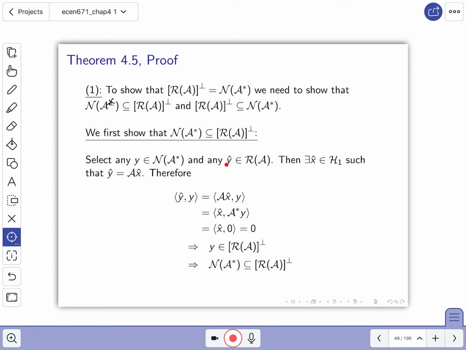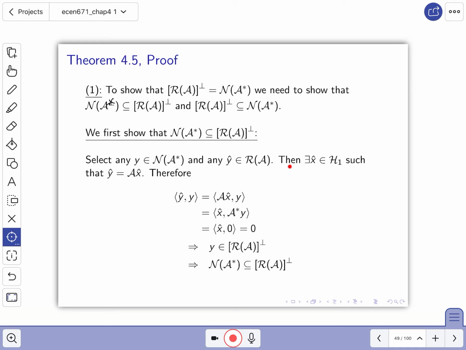And then let's pick any Y hat that's in the range space of A. And if we can show that Y and Y hat are orthogonal to each other, then we'll know that Y has to be inside of the space that is orthogonal to the range space of A. And therefore, the null space of A star is included there since we've picked any Y.